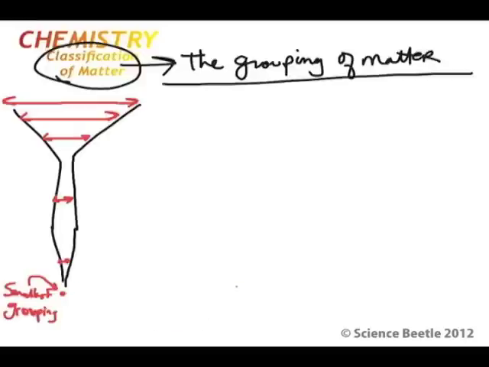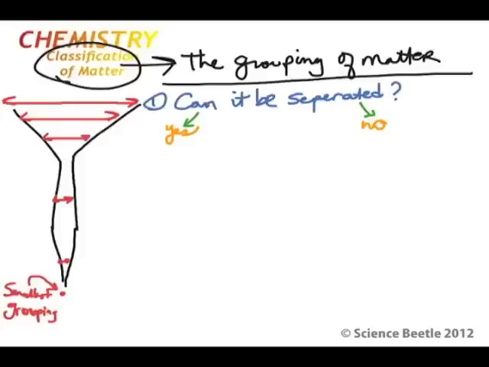The easiest way to get at this is to take matter that's in your environment right now, look at it, and ask if it can be separated into different parts. So that would be the first step: can it be separated? And you get 2 general answers.